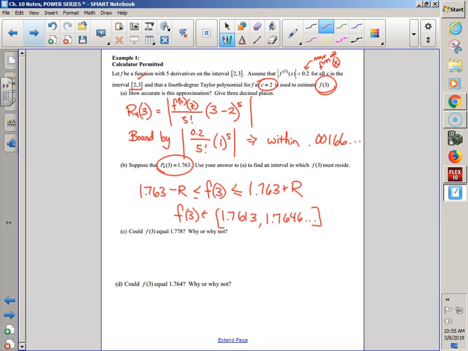So then, I mean, in letter C, could it be 1.778? No, it's impossible. Why? Because it doesn't reside within the worst case scenario. It'd be outside the Lagrange error bound. However, could it equal 1.764? Yeah, totally. Because that next decimal place is a 6, so that would be within.